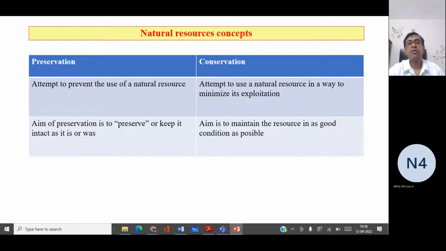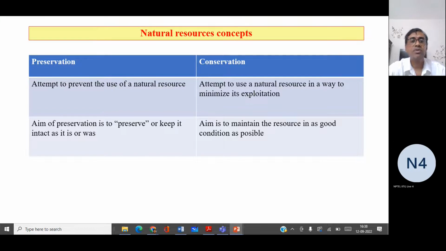Next, we discussed natural resource management concepts like preservation and conservation. Many times you will see that people get confused when they talk about preservation and conservation. They use both terminologies for the same purpose, but there is a slight difference.